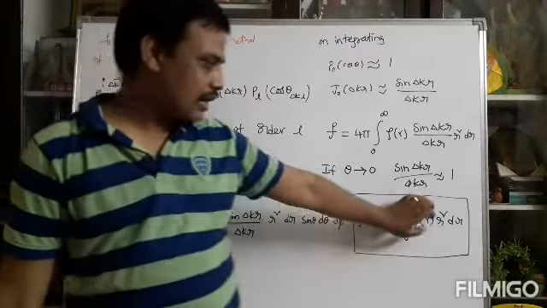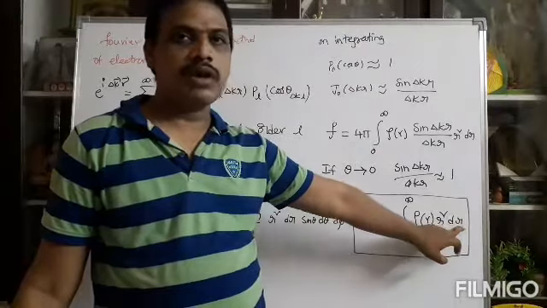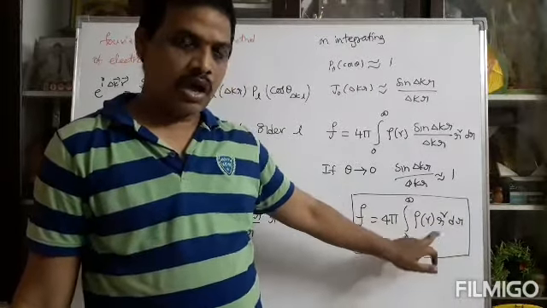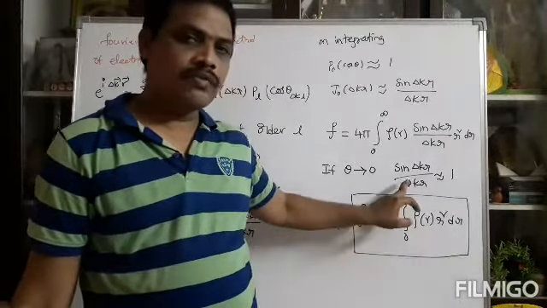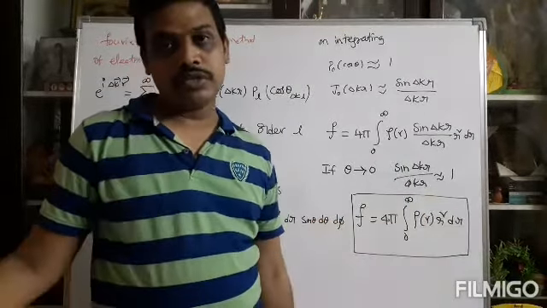If rho of r is constant, the integration of r square into dr is r cube by 3, with r from 0 to infinity. You can substitute r equal to 0, giving 0, and infinity is nothing but a large value.